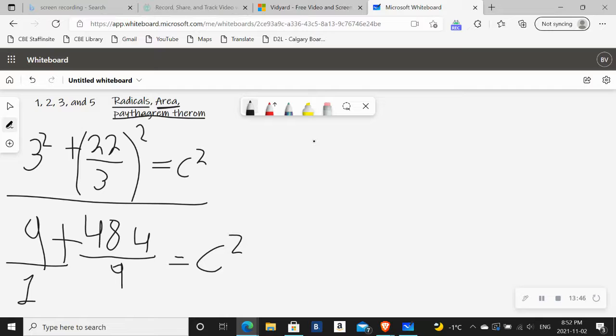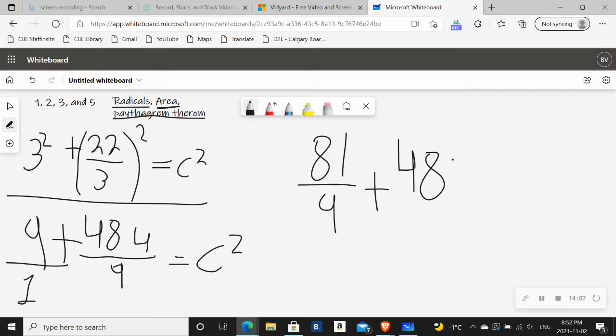And so that would look like 81, because 9 times 9, over 9, plus 484 over 9 equals c squared.